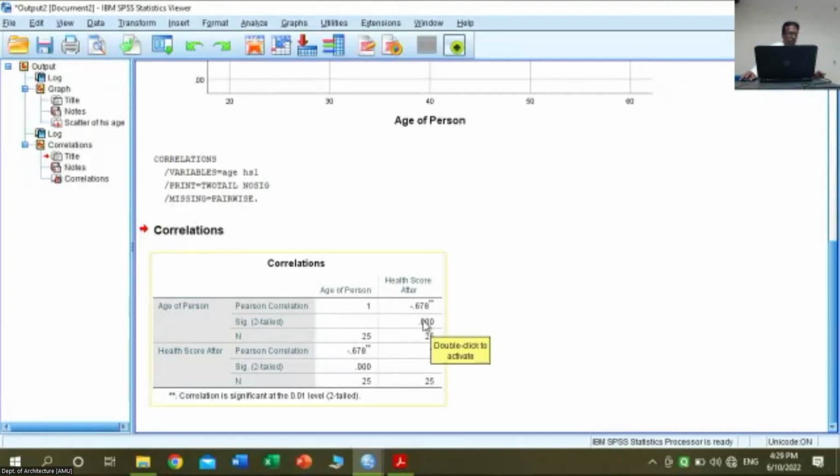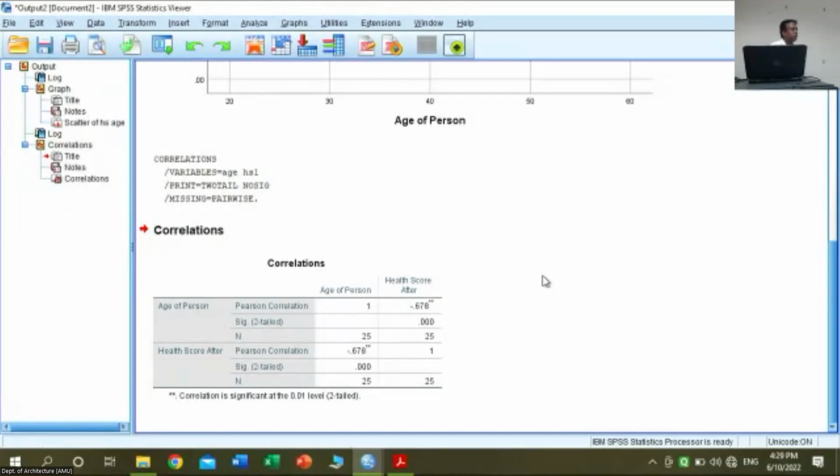So this is the p value, and under H naught, there is no relationship between them. So here the p value is 0.000. That means H naught will be rejected.